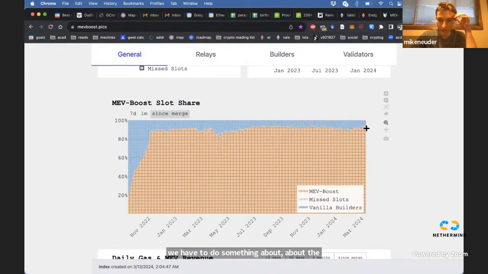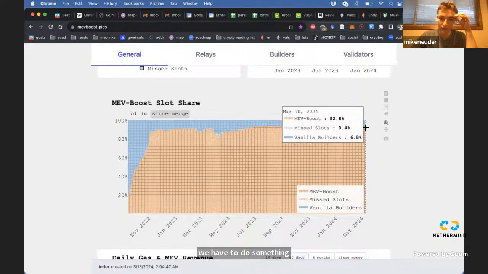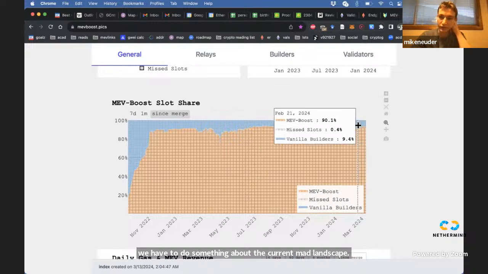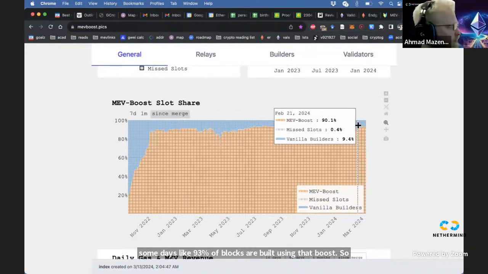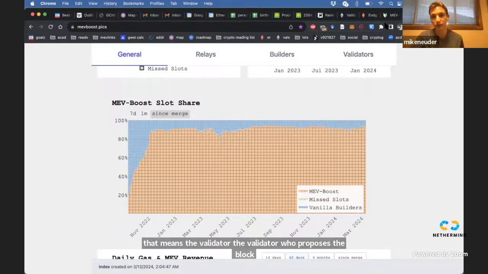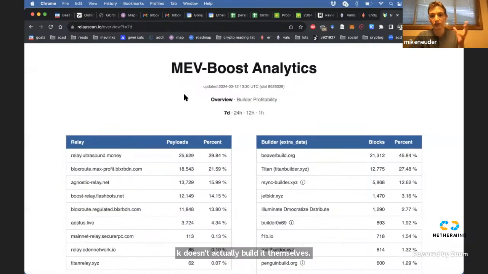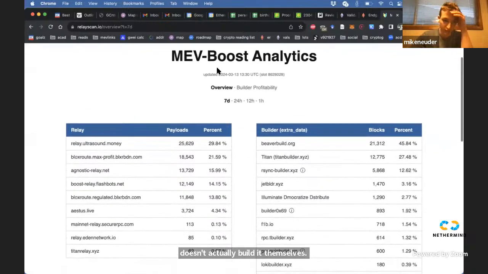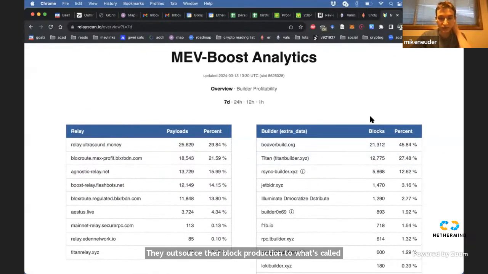Right now around 90 to 91, even on some days 93% of blocks are built using MEV Boost. That means the validator who proposes the block doesn't actually build it themselves. They outsource their block production to what's called the MEV Boost market. And that's what relay scan is capturing here.